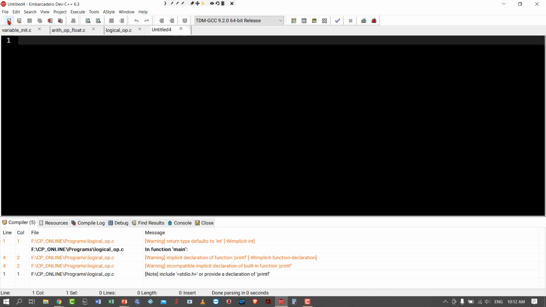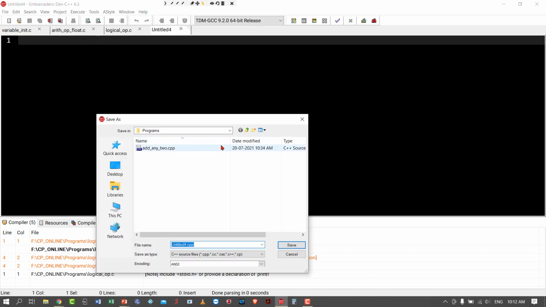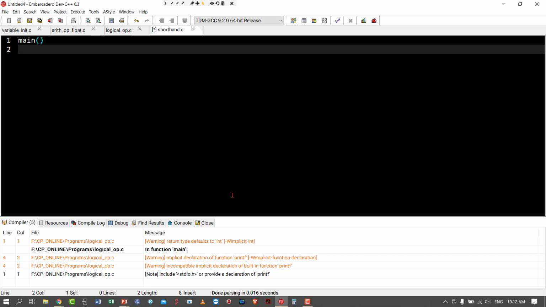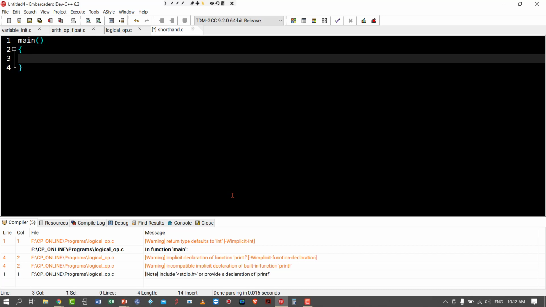So what we are going to discuss is shorthand assignment operator. So I will write some code. You have to predict the output. Int x equal to 5, comma y equal to 10.